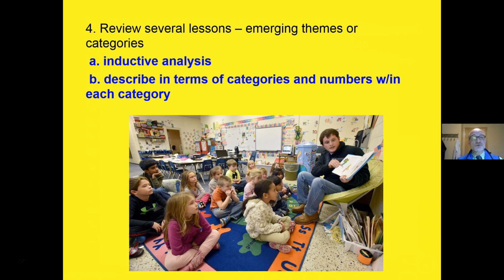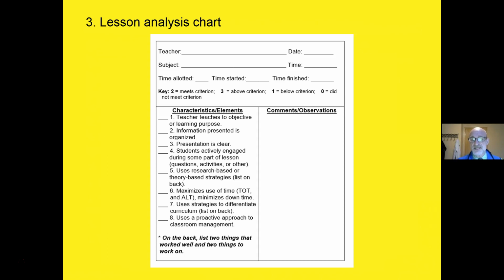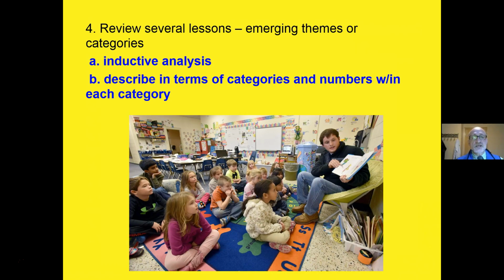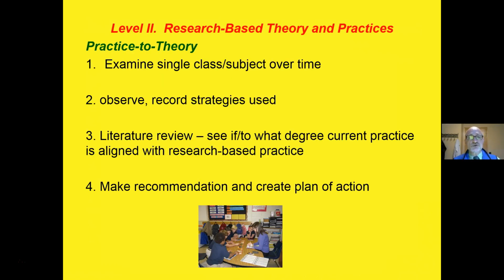Now you want to review several lessons and look for emerging themes or categories on the back of your lesson plans, or if you're using some form of lesson analysis chart. Use inductive analysis. You look for the types of categories and the numbers within each category. Look for these to emerge.